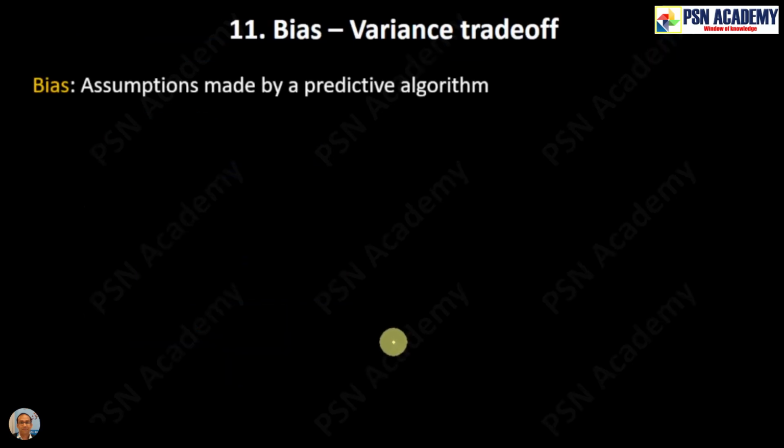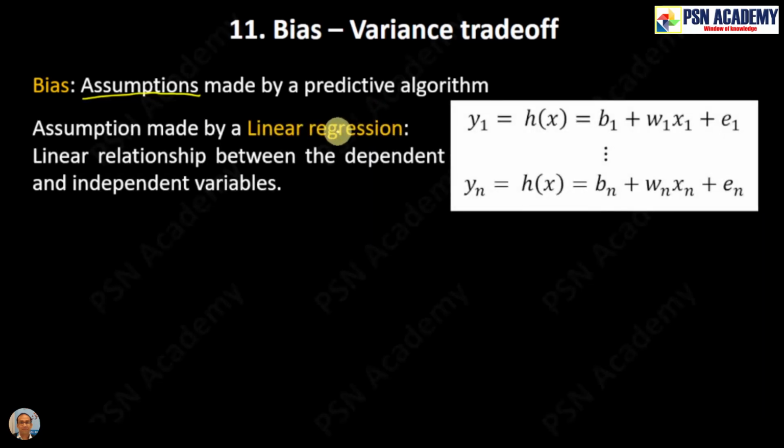What is bias actually? These are assumptions made by a predictive algorithm. For example, in linear regression, the algorithm assumes that there is a linear relationship between the dependent variable and the independent variables.